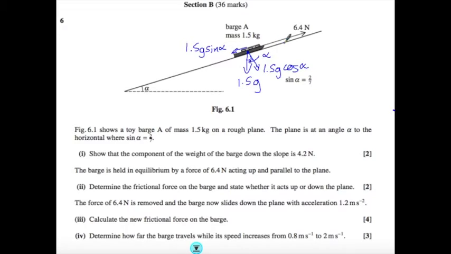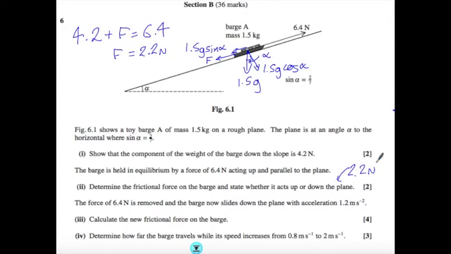So the friction must be acting down the slope to balance this out. Let's call the frictional force F. So 1.5 g sine alpha, which is about 4.2, plus the frictional force has got to equal 6.4. So F will be 6.4 minus 4.2, which is 2.2 newtons. And then you just need to specify that it's acting down the plane.